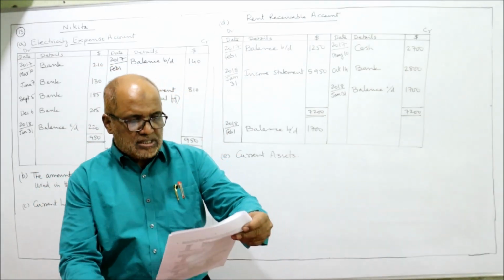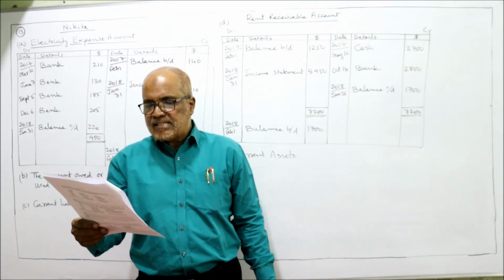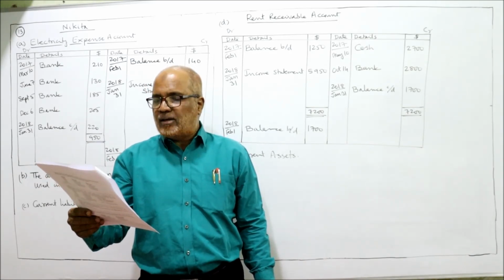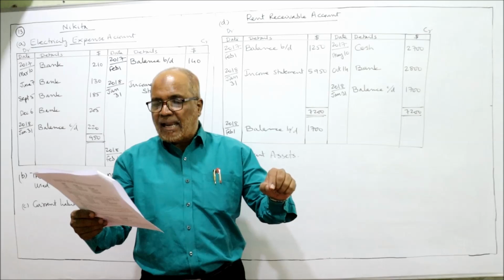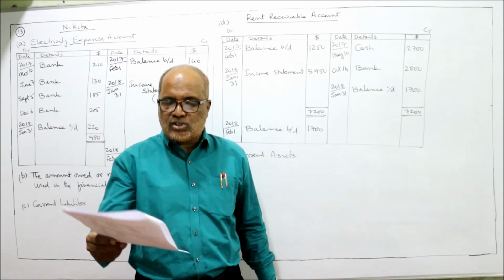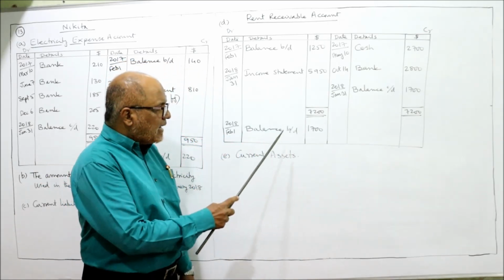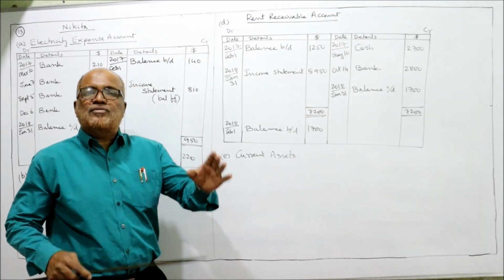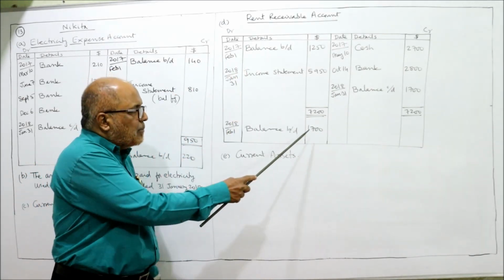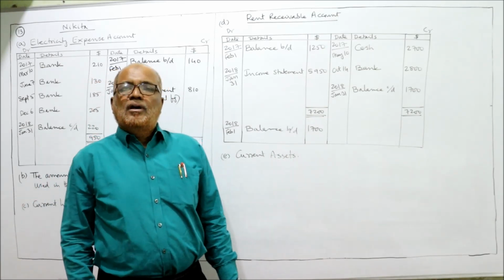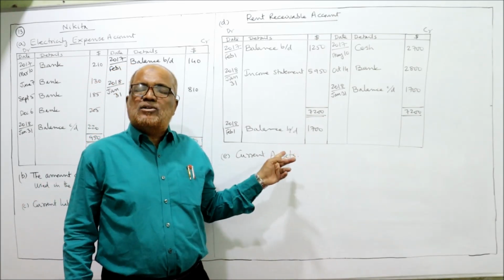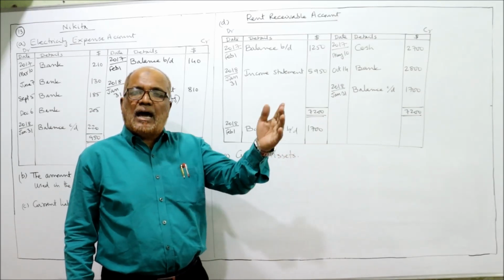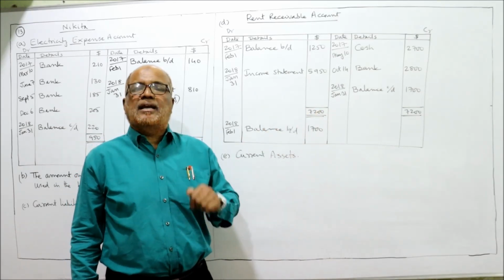The last question, E point. Name the section of the statement of financial position on 31st Jan 2018 in which the balance on the rent receivable account was included. This balance of the rent receivable account, in which section of the statement of financial position will this amount be shown? Now we have to decide whether it is an asset or liability. $1,700 is the amount receivable from the tenant.